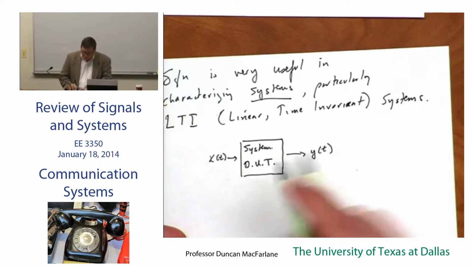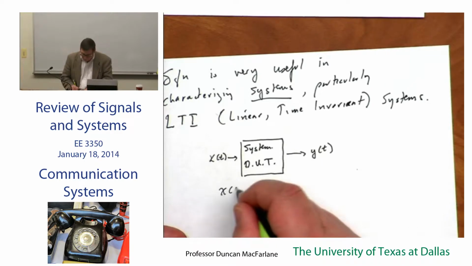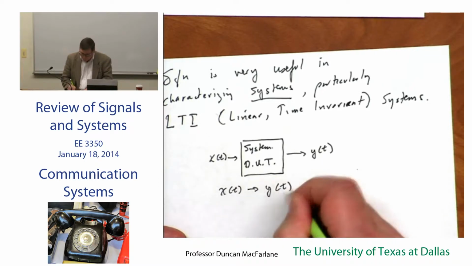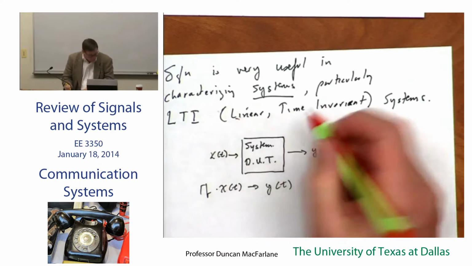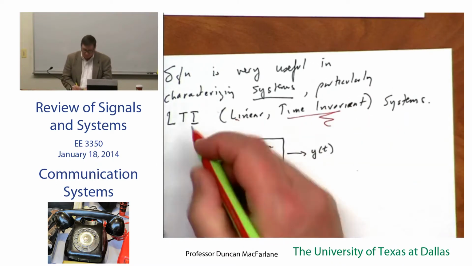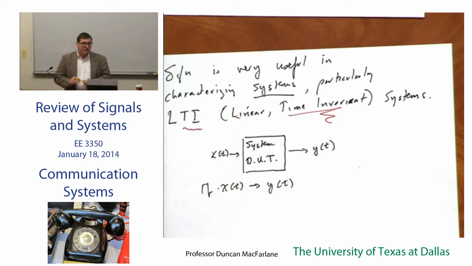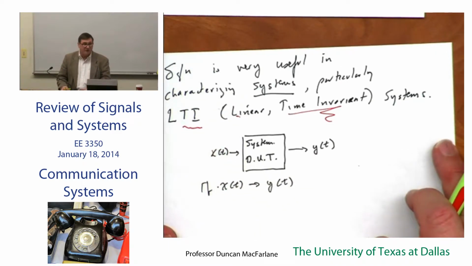Okay, so if x of t goes to y of t, then there's two aspects of this. I'll do the time invariant first. These are two properties of that system, time invariance and linearity. They're separate.